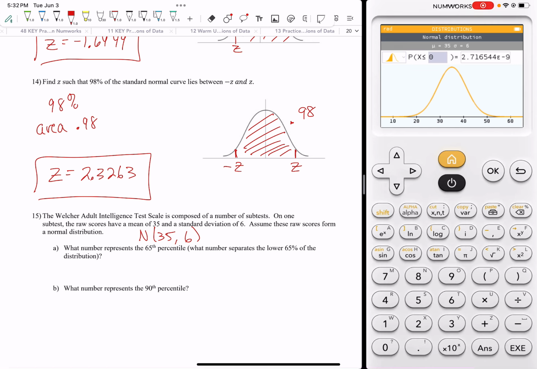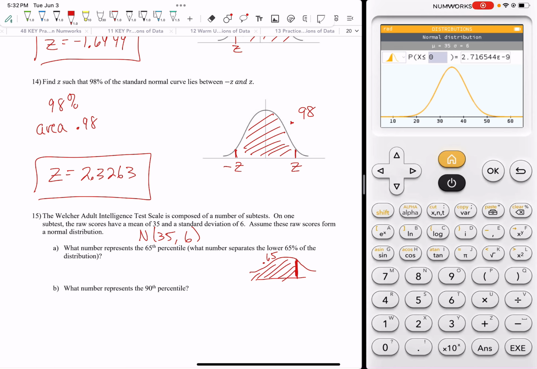So I have in parentheses here, this is going to explain this a little bit more, right? What number separates the lower 65% of the distribution? So I'm just going to make a little sketch over here so you can see what it looks like before we go in. What number represents the 65th percentile? So this is the boundary for all of this, and we want that area to be 0.65, okay?